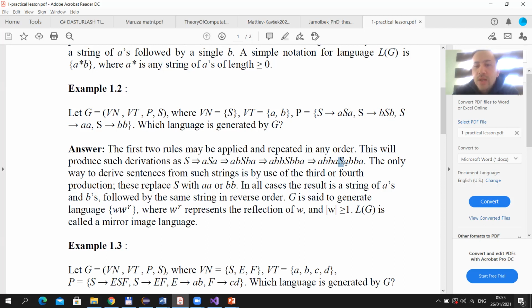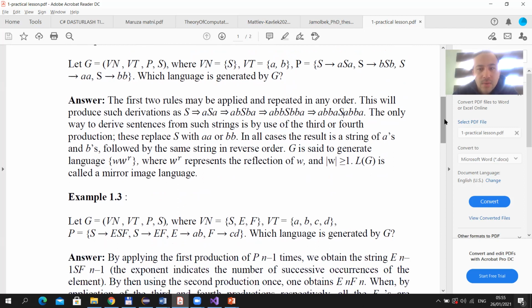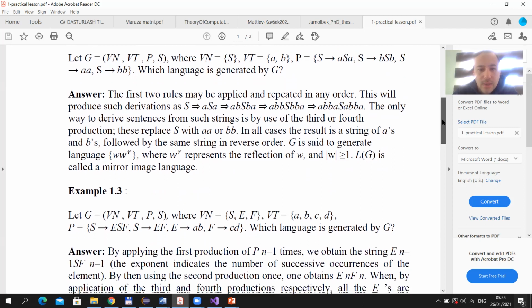In both cases, the right-hand side will be the reflection of the left-hand side. Do you have any questions for the second exercise? Okay, I think everything is understandable, because it's not so hard. This is an introductory exercise.